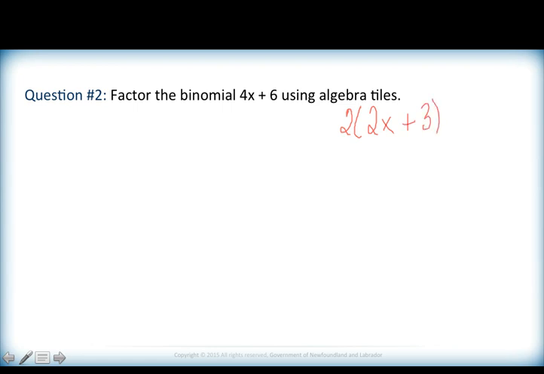So when we draw our tiles here now, we're going to have our 2x bars, and then we're going to have our 3 ones. And it says we're going to have 2 rows. We have to do the exact same thing. And we're going to have the 3 on the end here.